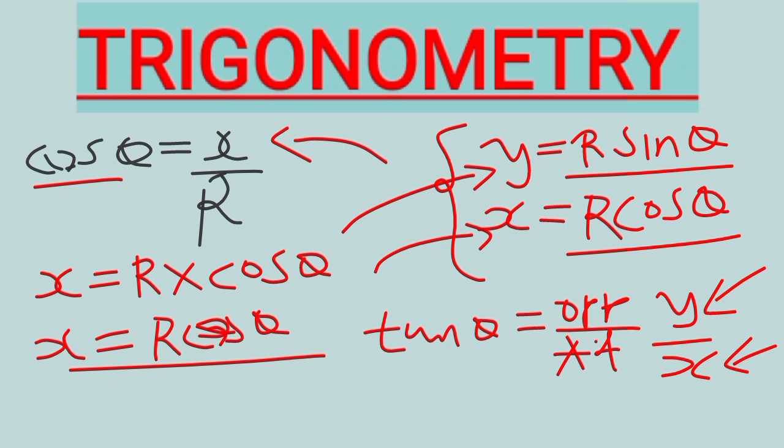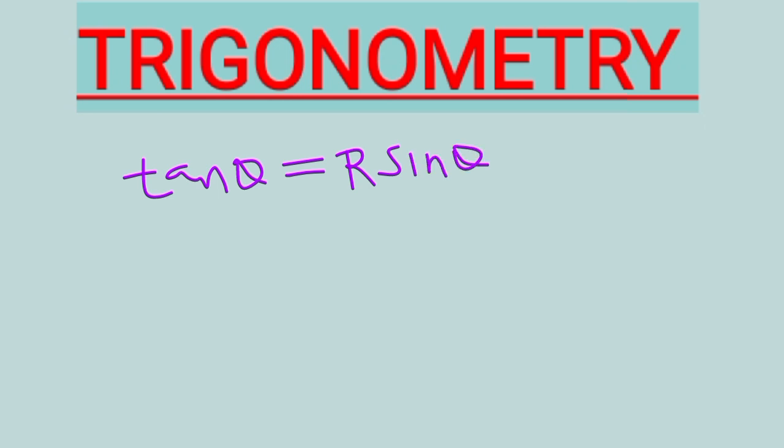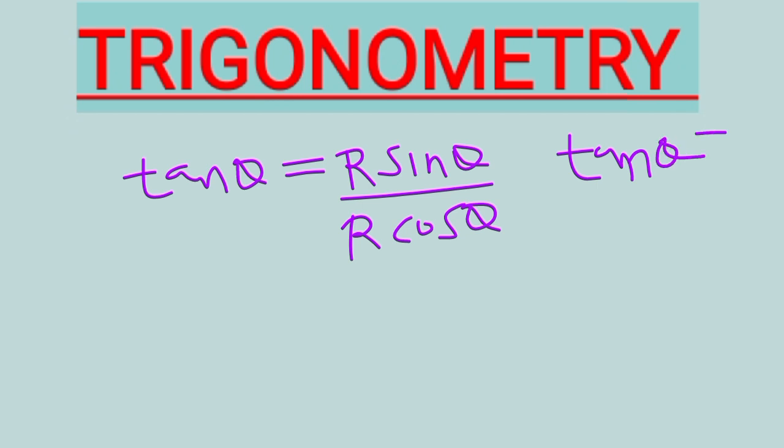So our tan theta will now be equal to r sin theta over r cos theta, because we said that tan theta is equal to y over x.